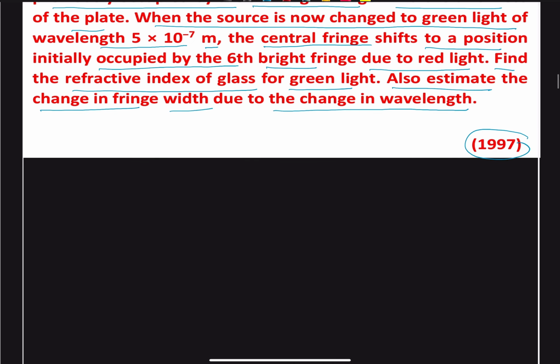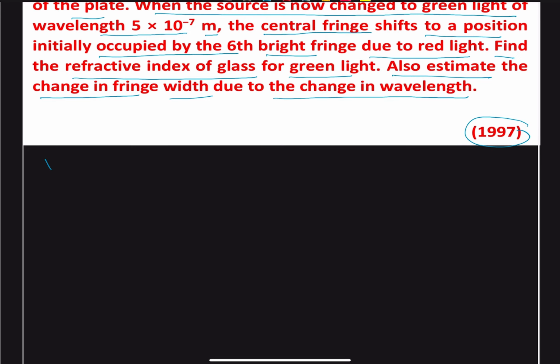Okay. So first is the wavelength of our red light. That is, wavelength for red is given as 7 into 10 to the power minus 7 meters. And we have the refractive index for red light, that is n_R is equal to 1.5, and the shift in central fringe for red light is also given. So we can say that delta Y for red is also given as 10 to the power minus 3 meters.